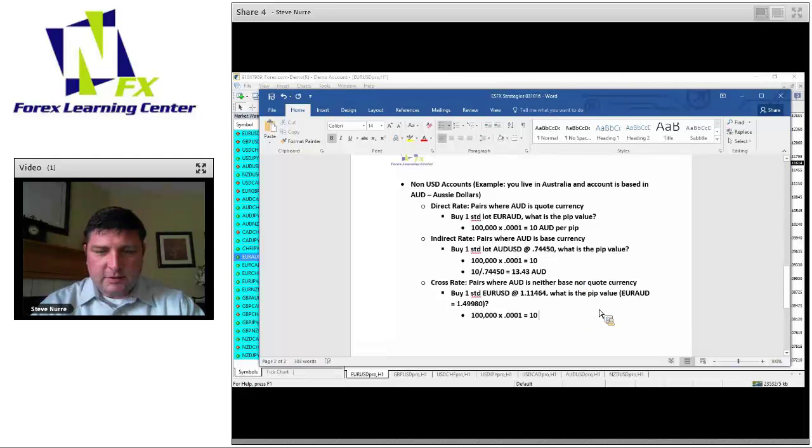So lot size times tick size. You take that 10 times 1, you convert the base currency back into Aussie dollars, 1.49980, so that would come to 14.998, or basically 15. You can round it up if you want.